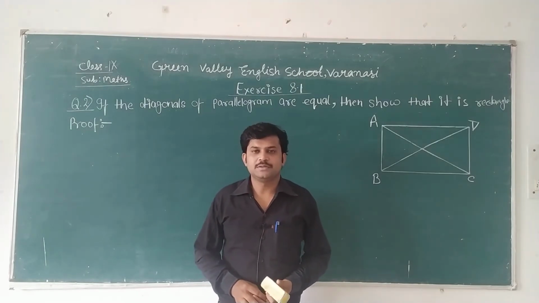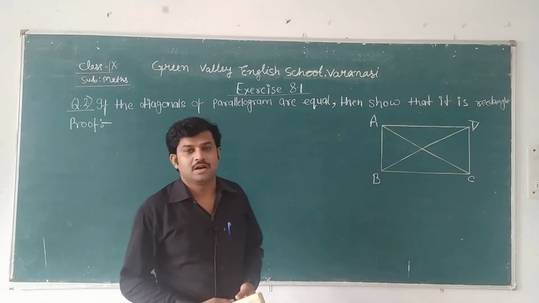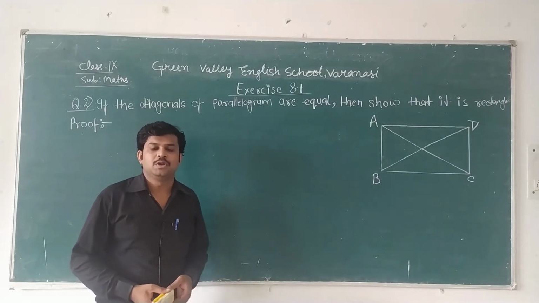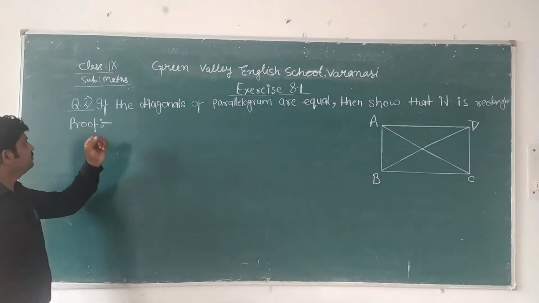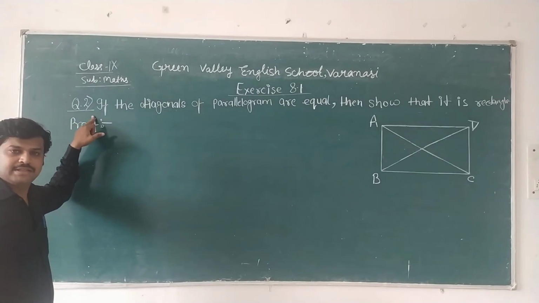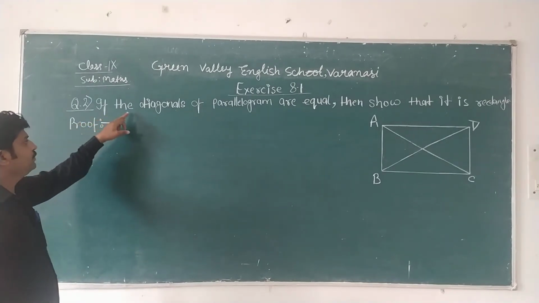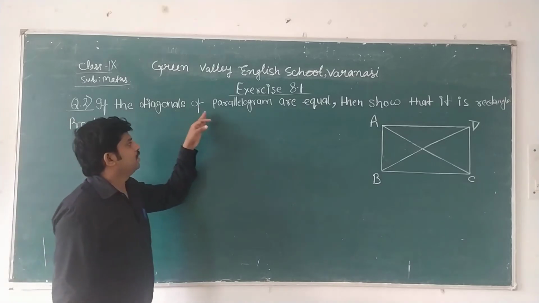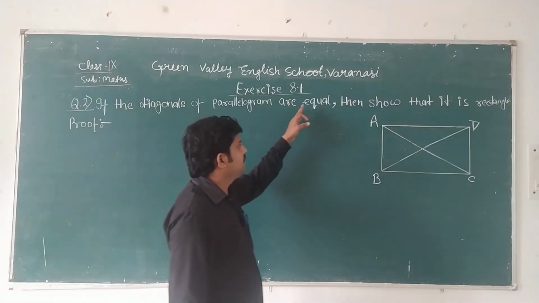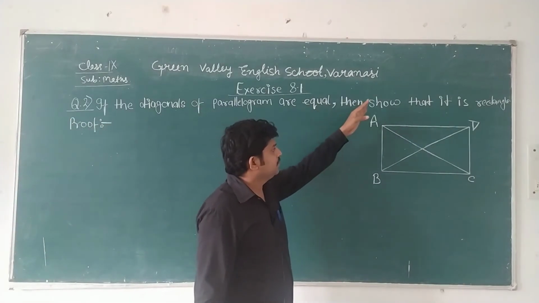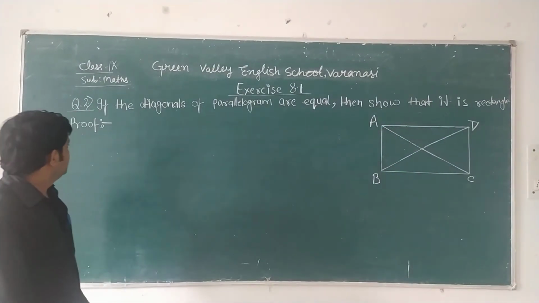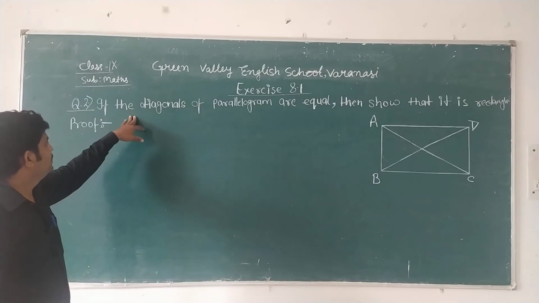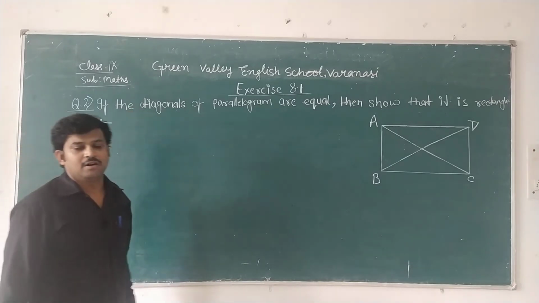Myself Kuldeep Srivastava. Today we will discuss how to solve question number 2 of exercise 8.1. The question is: if the diagonals of a parallelogram are equal, then prove that it is a rectangle.